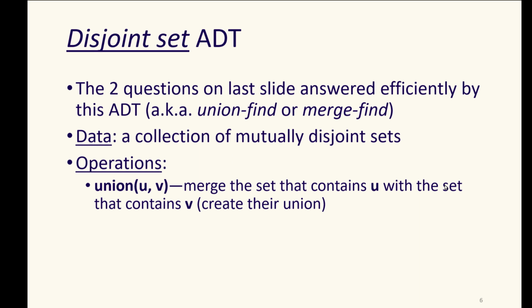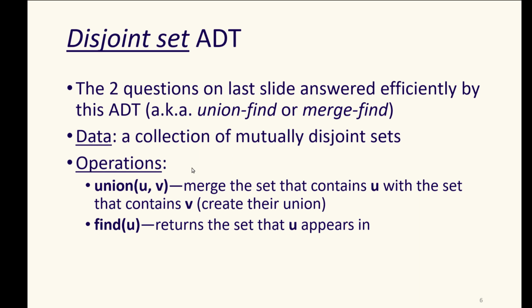Our operations would be to be able to do the union on two sets, but the interesting thing about a disjoint set is that we will identify it by one of its values. So we're doing the union of the set that contains U and the set that contains V. We refer to the items like those points X and Y in our graph, and we could do the union of the set that contains X and the set that contains Y, because we don't know yet whether those are the same set or not until we've done the evaluation.